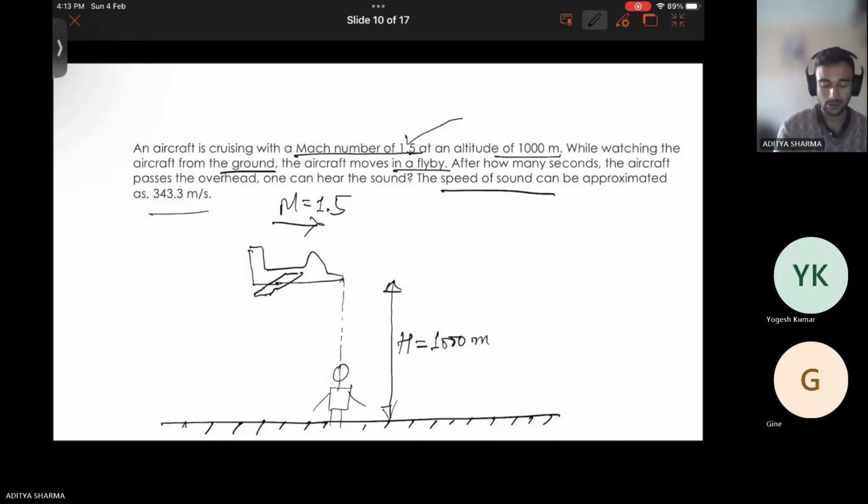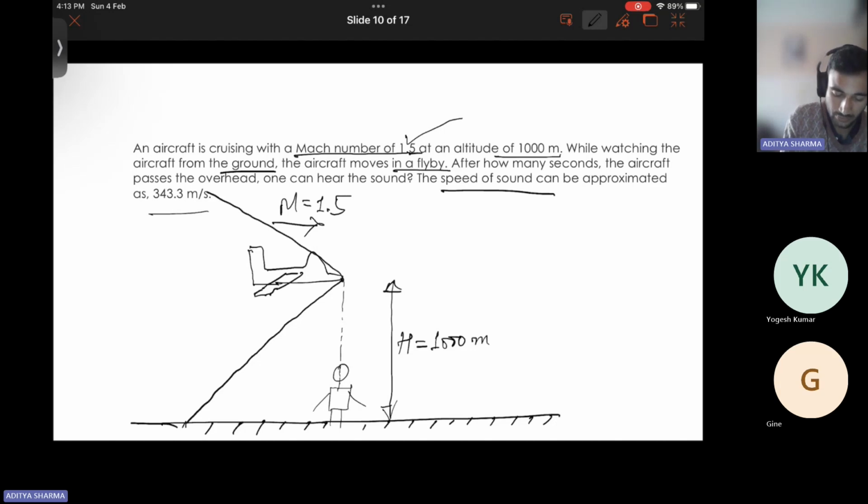So what shall we do here? If you draw the Mach cone of this aircraft, I am doing it in 2D. It's a 2D drawing because it's a plane sheet, but in reality, it will be a cone-like formation.